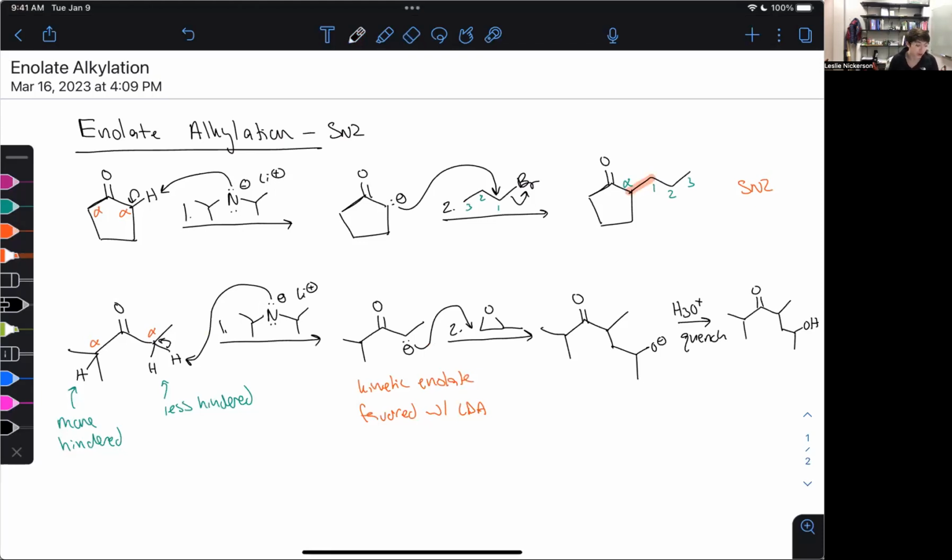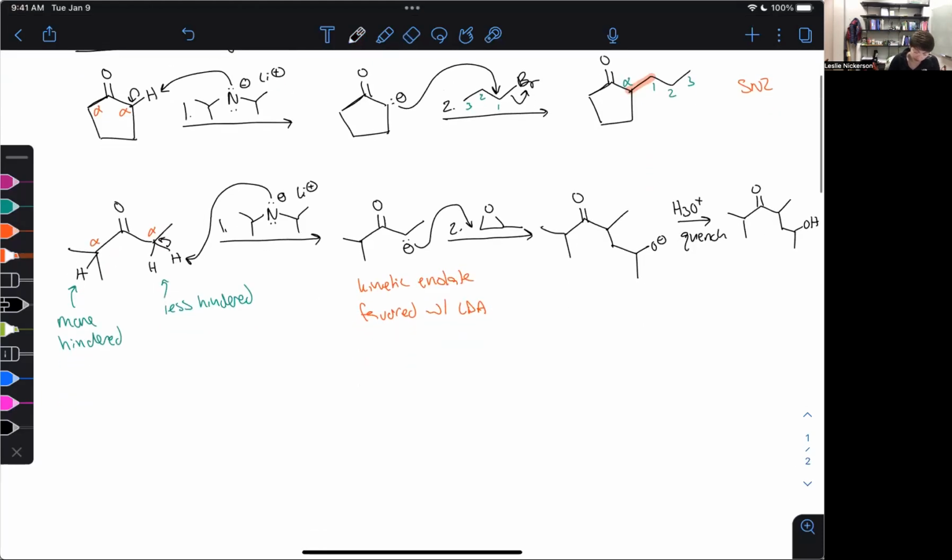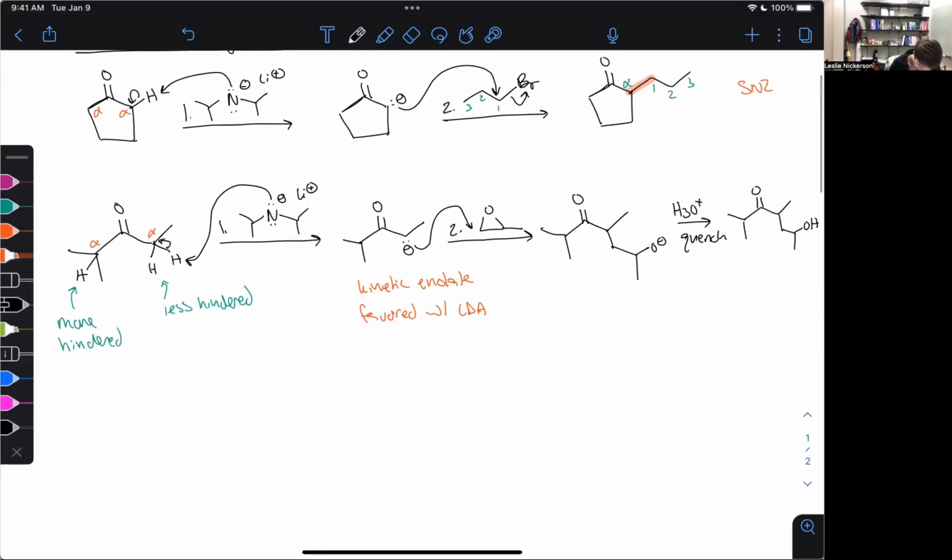Another way you can do it is, again, we really want to have full conversion to our enolate. Another good option is to use a 1,3-dicarbonyl, because as we talked about, this proton is much, much more acidic. So if I'm doing something like this, I don't actually need to use something as strong as LDA.